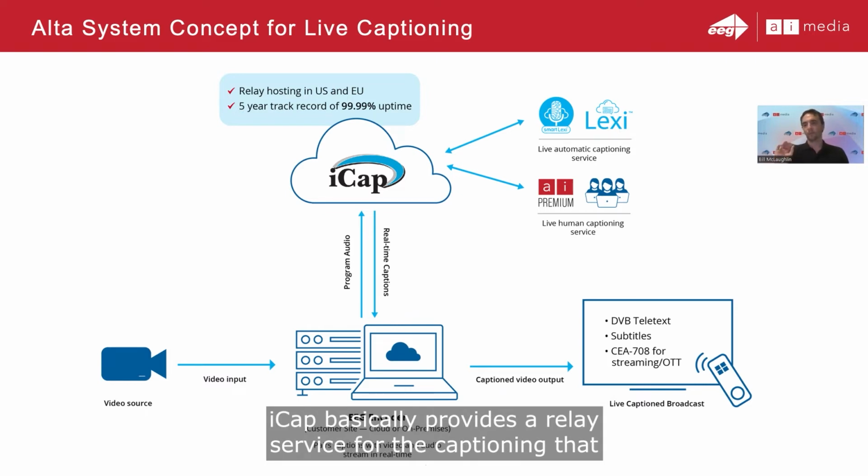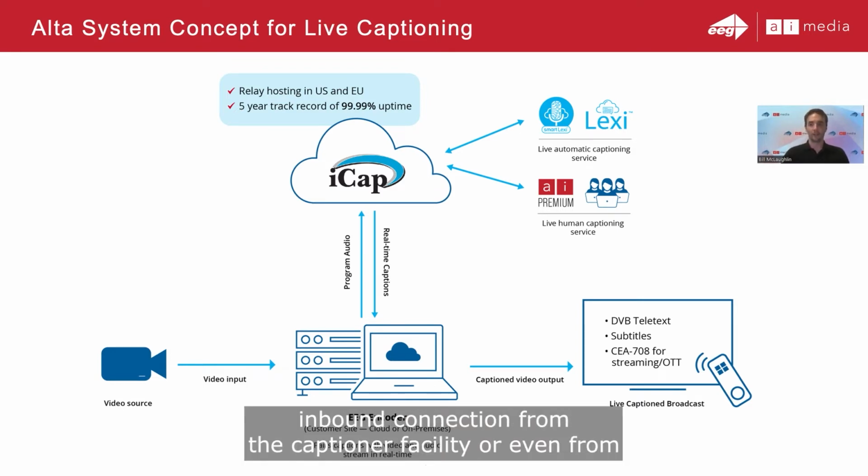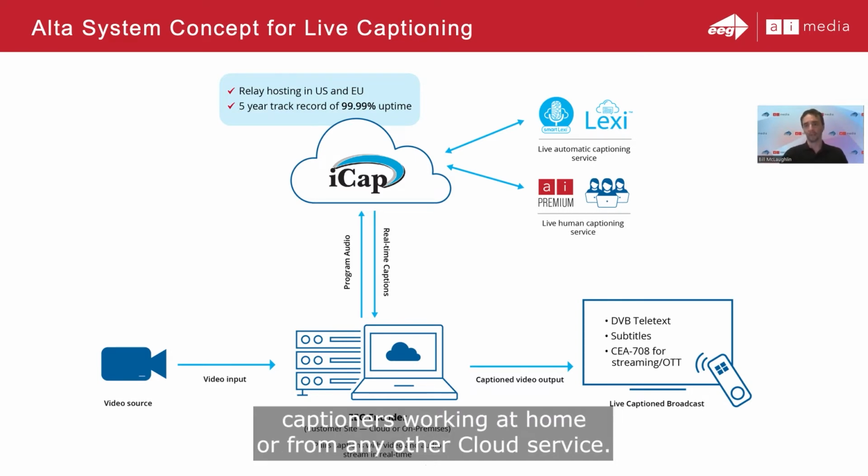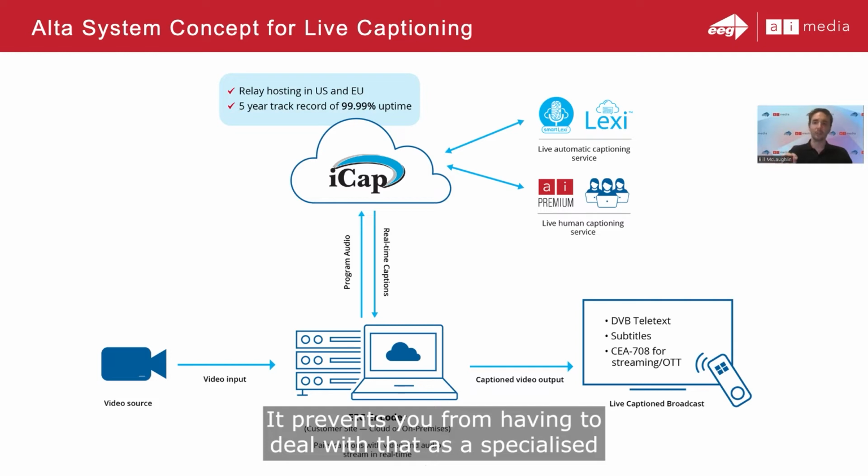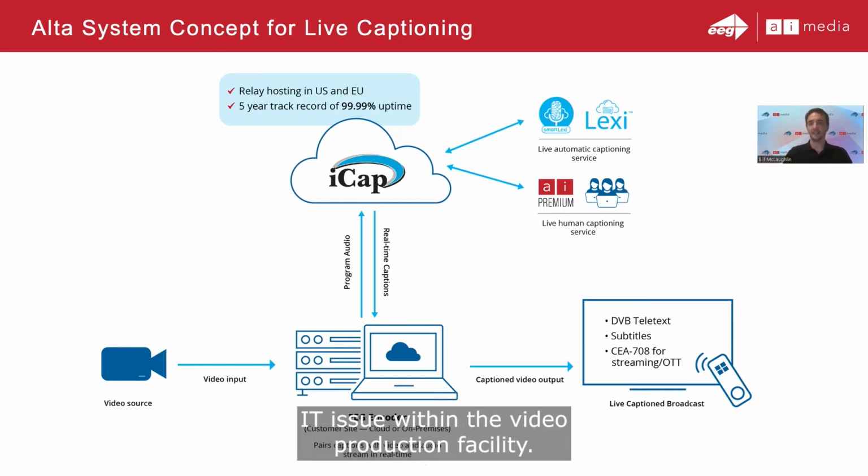ICAP basically provides a relay service for the captioning that prevents the broadcast facility from needing to deal with inbound connection from the captioner facility, or even from captioners working at home or from any other cloud service. It prevents you from having to deal with that as a specialized IT issue within the video production facility.